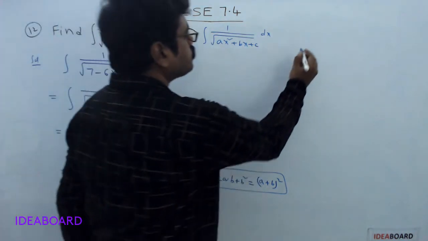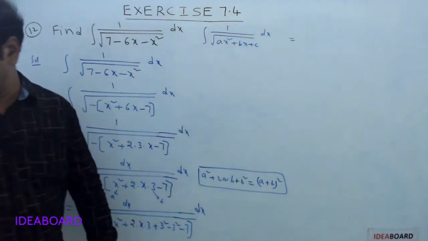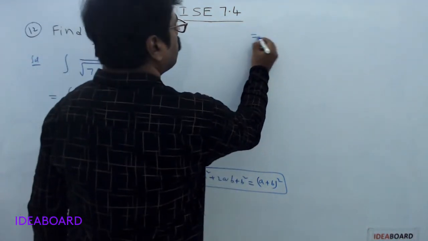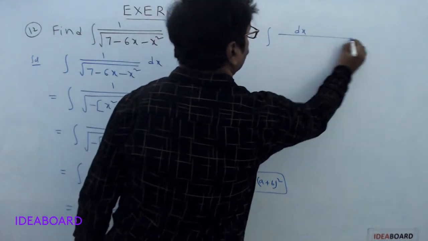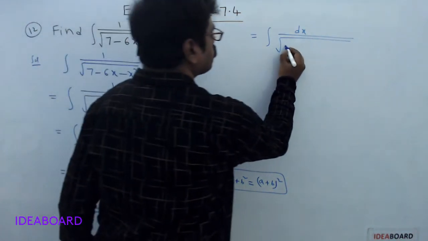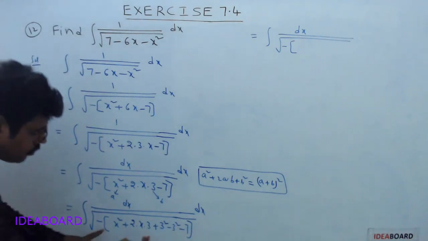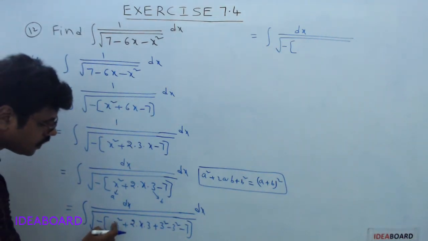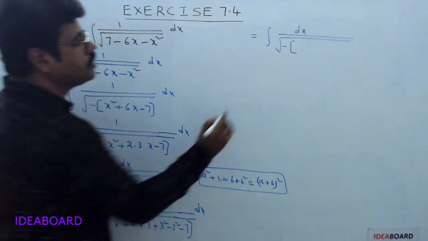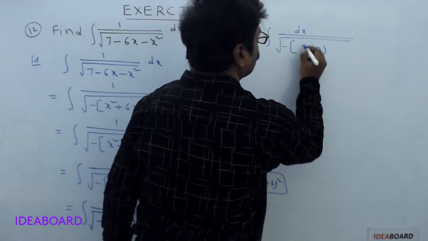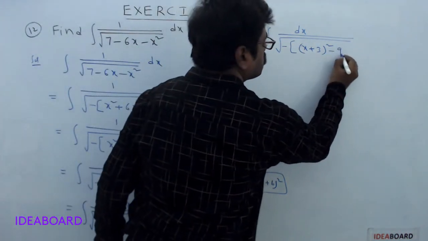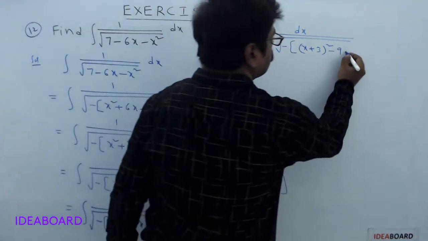Now this is integral dx divided by square root of, now see this one, minus of the combination of these three terms can be taken as a plus b whole square, a square plus 2ab plus b square, that is x plus 3 whole square, next minus 3 square, 3 square is 9, minus 7.